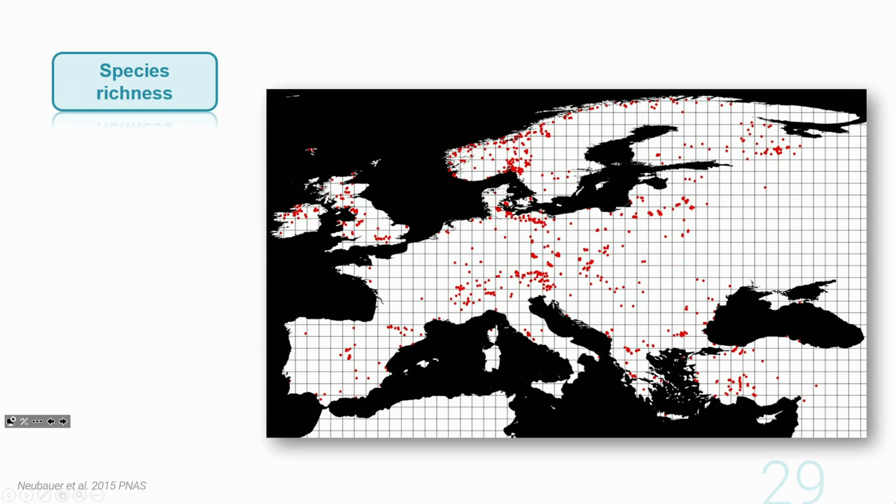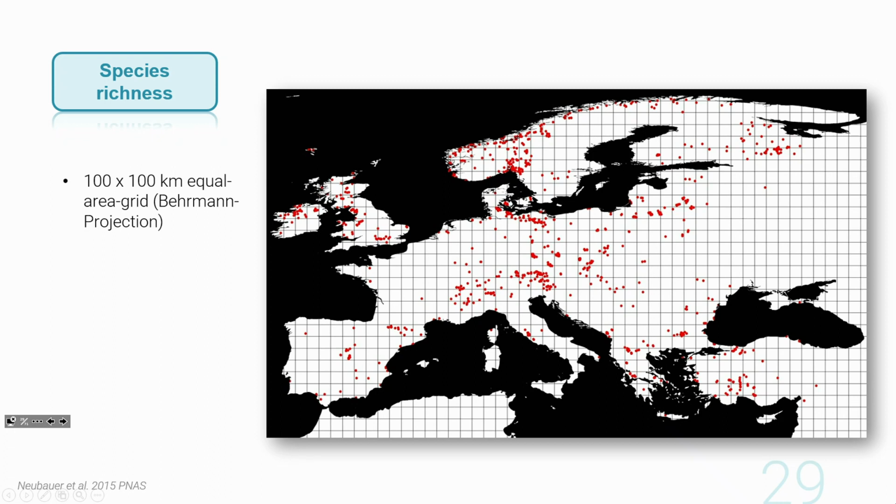Now, what does species richness tell us? There you need to do, first of all, some methodological step. If you have densely sampled regions like here, you might run into trouble in that you may overestimate the real diversity in a region, so you need to standardize.